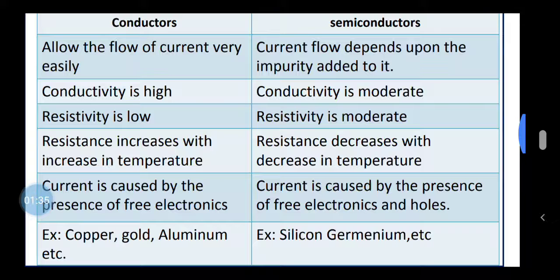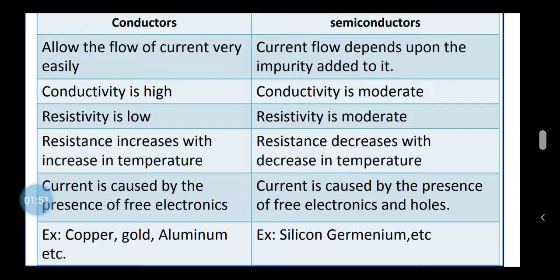If you add some impurities to pure semiconductors, the conductivity can be increased to a large extent. This is the unique feature of a semiconducting material.